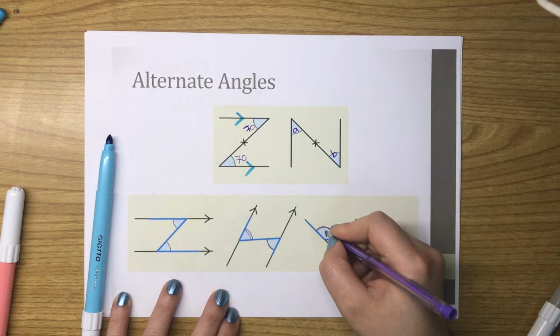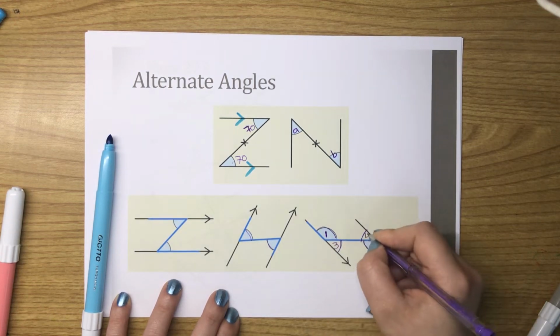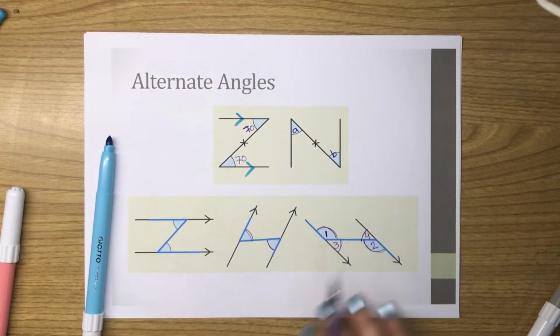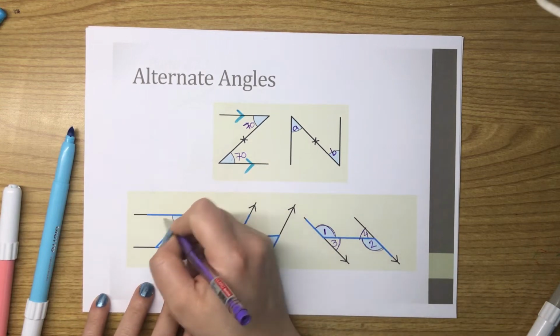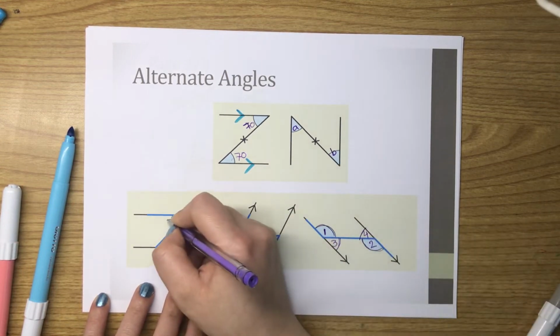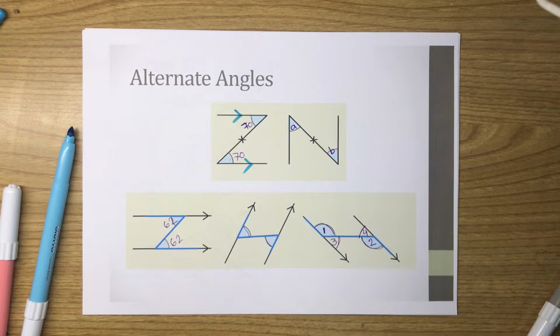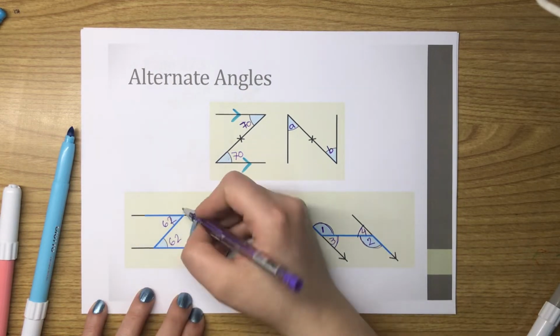So 1 and 2 are equal. 3 and 4 are equal angles by using this shape. Alternating angles. This one, let's say, is 62, this one is going to be 62. So alternating angles with parallel lines are equal.